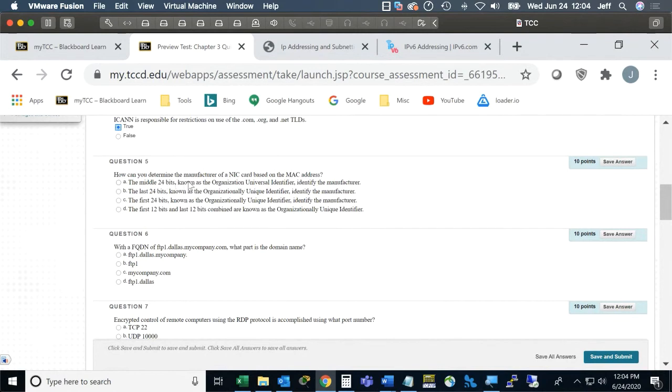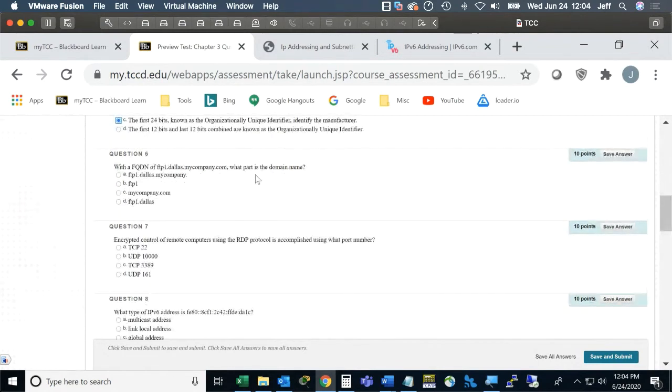How can you determine the manufacturer of a network card based on the MAC address? C, yeah, the first 24 bits of its 48 bits identify the manufacturer and usually the actual card type, and then the last 24 bits is the actual card itself.